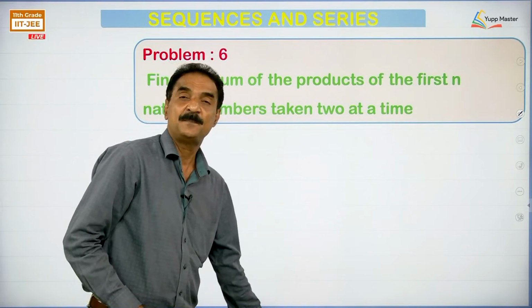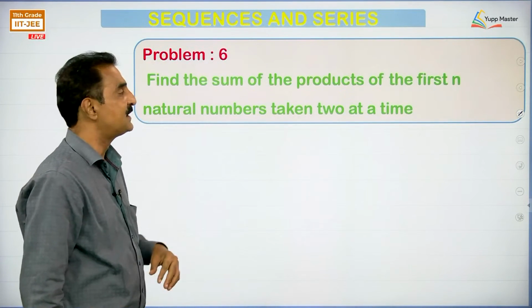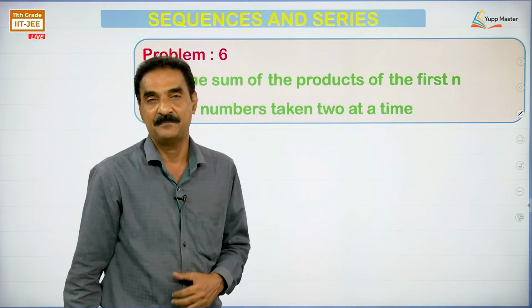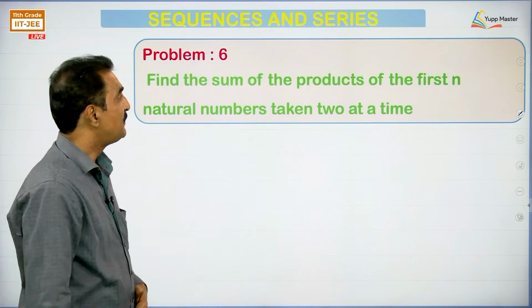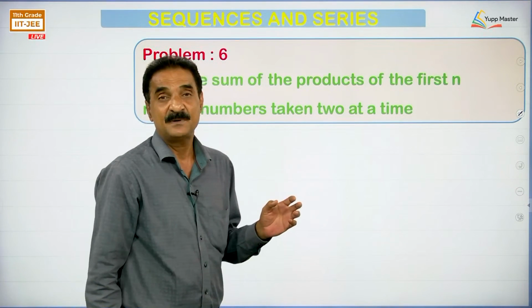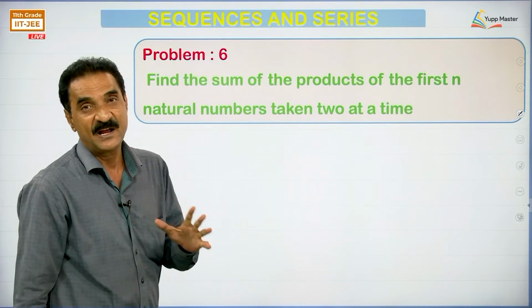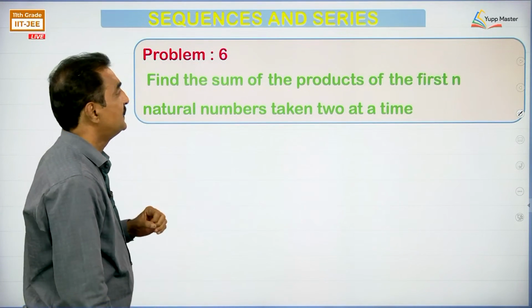Find the sum of the products of the first n natural numbers taken 2 at a time. Very important, very good question. Sum of the products of the first n natural numbers taken 2 at a time. So, first we need to understand what is asked.